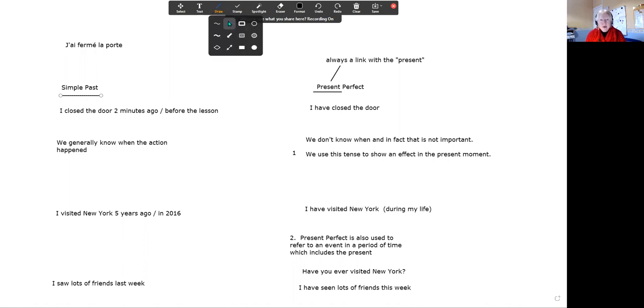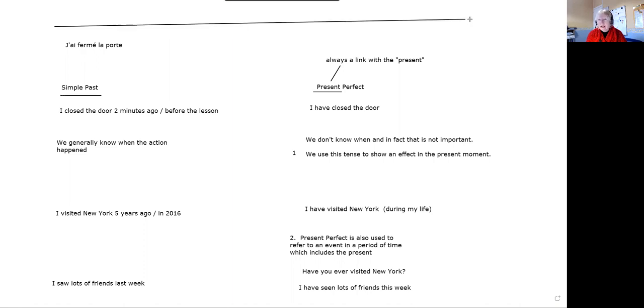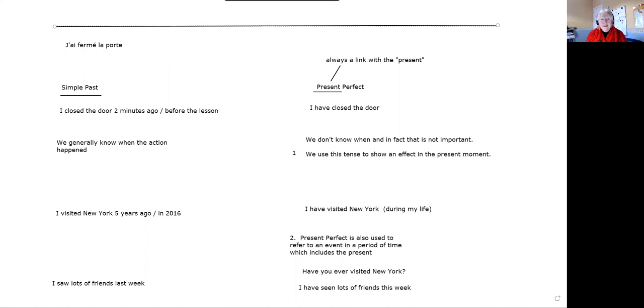Perhaps I can illustrate by one other means, in a way that might help you understand better. If I take this line, we call this a timeline. Let's assume it's your life. And we have now at one end, and we have when you were born at the other, born.